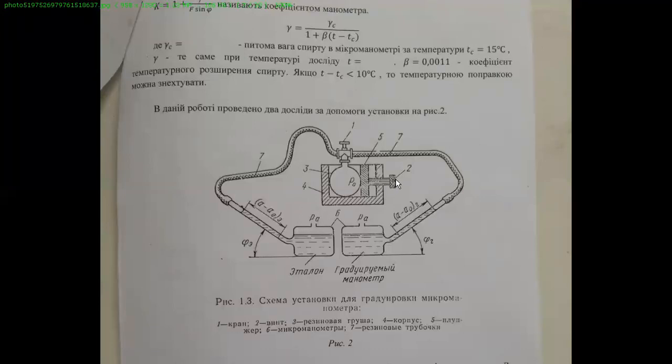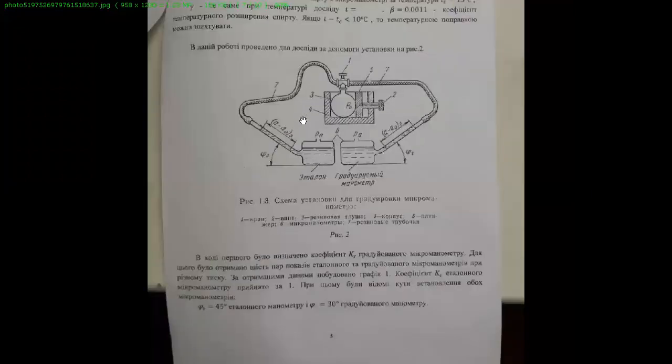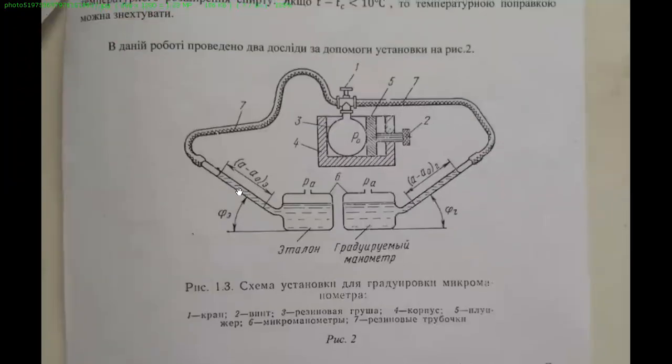When we move this part, we lower the pressure in this chamber, and the level of fluid in this tube changes because of the difference between the chamber pressure and ambient pressure. When we move this part the other way, pressure decreases and the water level, or not water, these manometers use spirit, and the level of fluid increases.